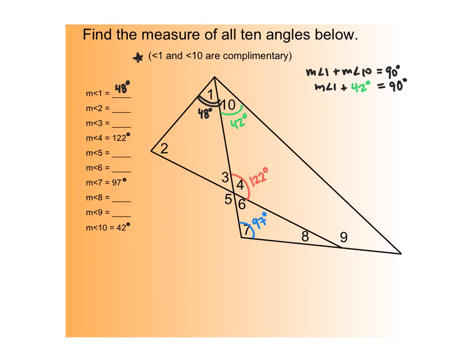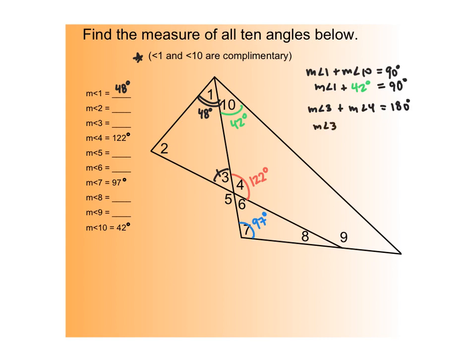Now I'm kind of stumped. I can't really go to 2 or 3 yet. I mean, I can go to 3, but I can't go to 2 yet. So let's look at 3. What do you notice about angle 3 and angle 4? Well, they form a linear pair. So the measure of angle 3 plus the measure of angle 4 should equal 180. I know the measure of angle 4 is 122.